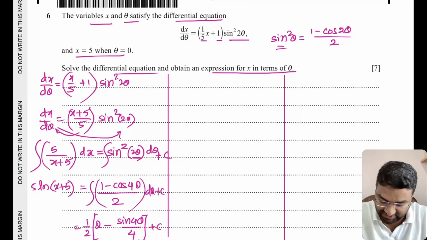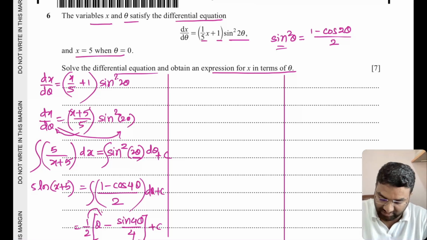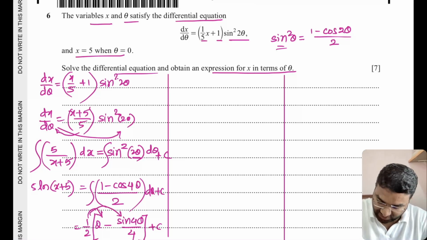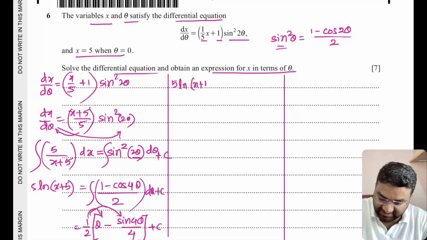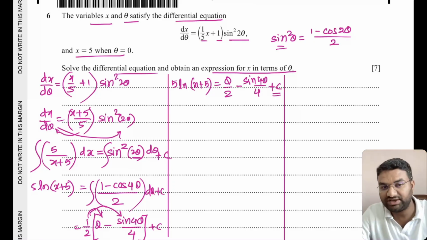That's it. Now these are the initial conditions that we have to apply. All right, so multiply this 1 by 2 in the bracket. So we have 5 ln of x plus 5 is equal to theta by 2 minus sine 4 theta by 4 plus c. Now we have to figure out the c.